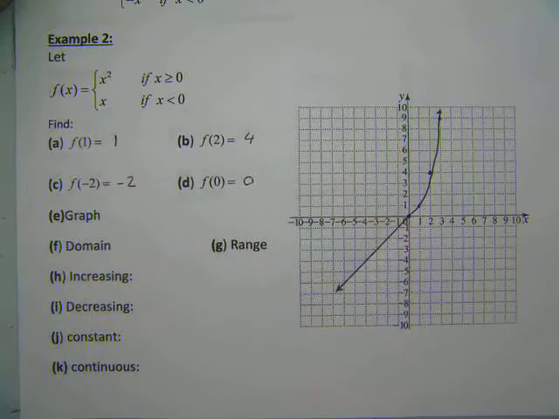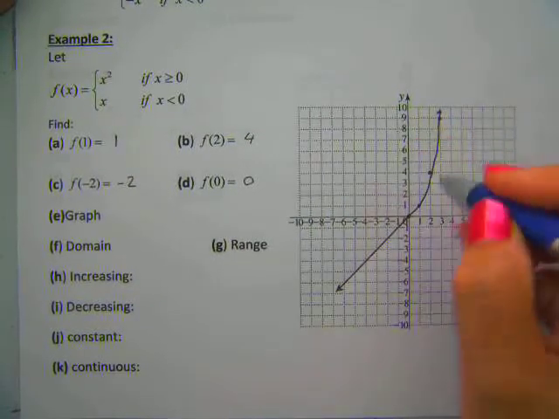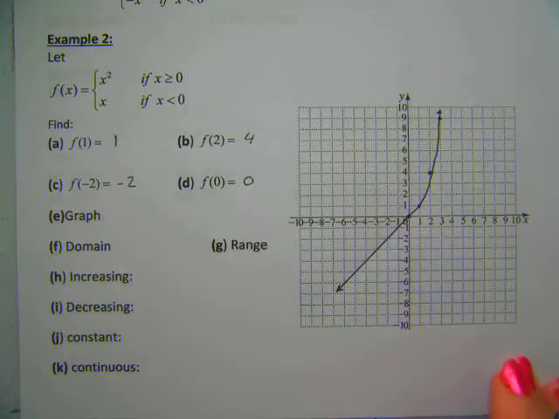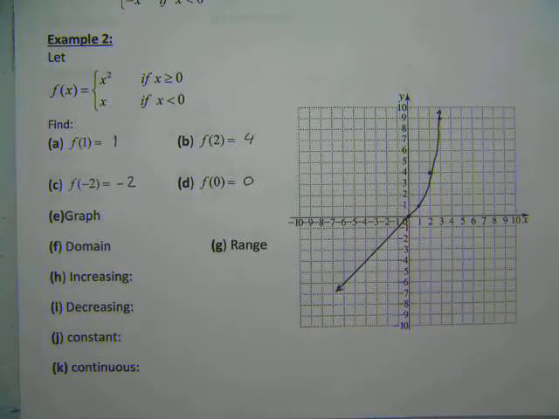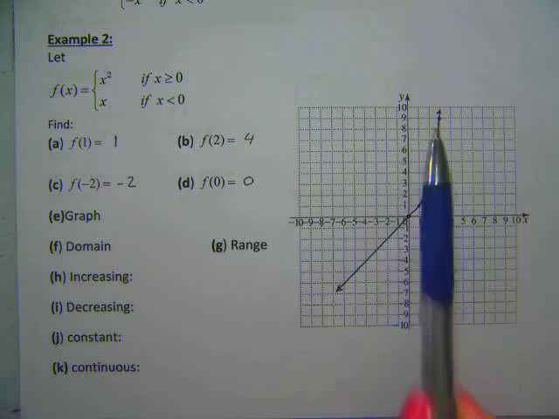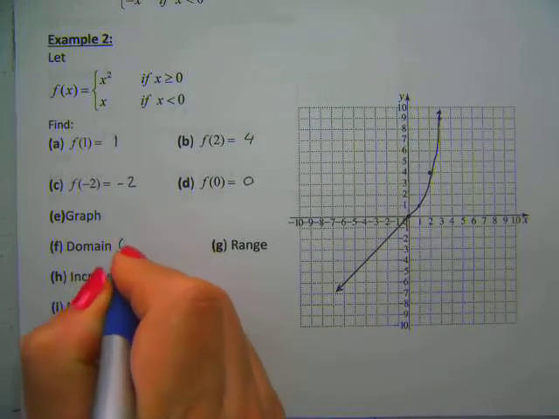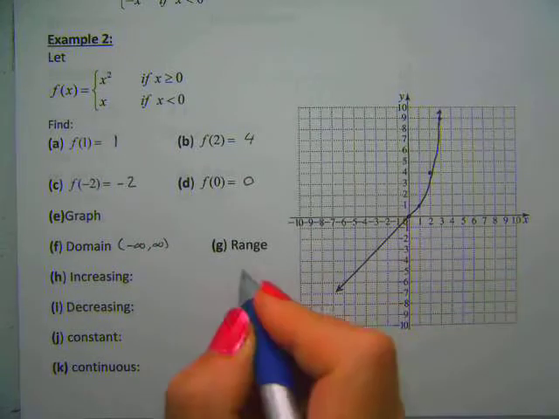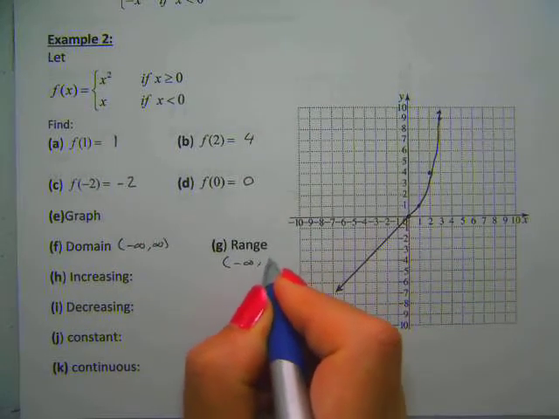So again, it doesn't go both ways, it only goes one way on one side and the other way on the other. So that is how piecewise defined functions are going to look. So this is the nicest one. They're going to look really weird and funny. How about the domain? Well, we see from the graph that the domain is all real numbers, negative infinity to infinity, and the range also, you'll see that it is all real numbers.